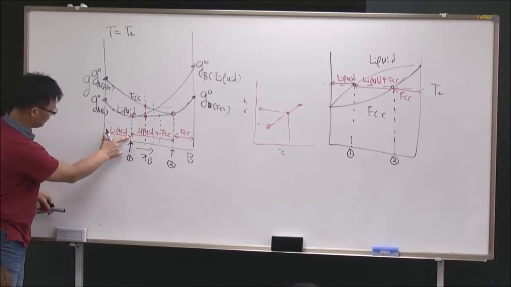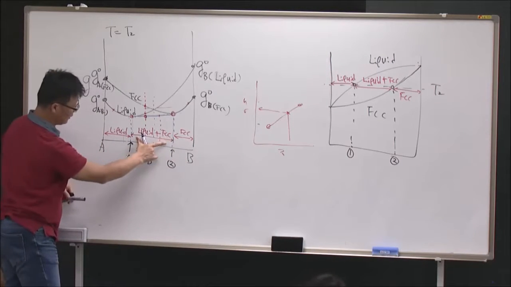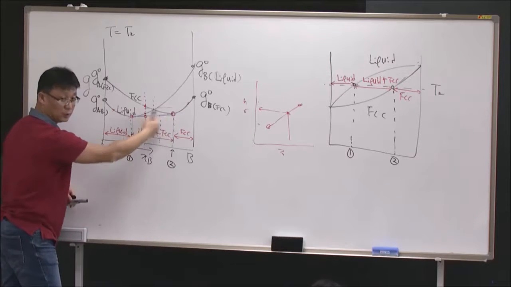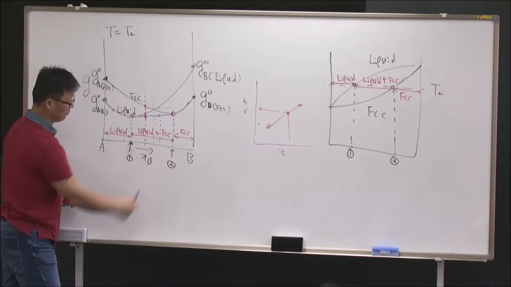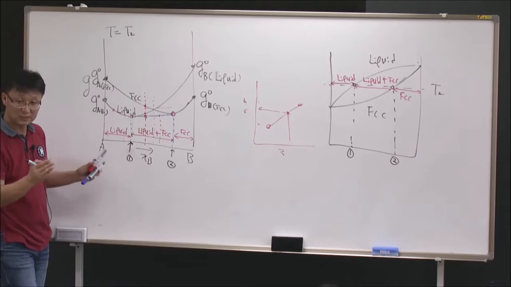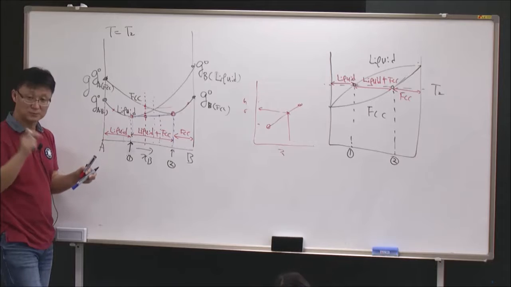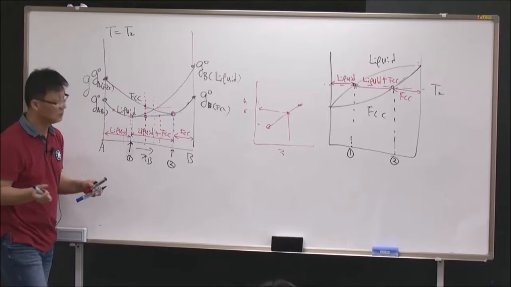So we have liquid, FCC, and liquid plus FCC in the middle. I told you, inside of this, the composition of liquid and the composition of FCC is not changing. The fraction, the amount, is changing, but the composition of each specific phase is not changing.